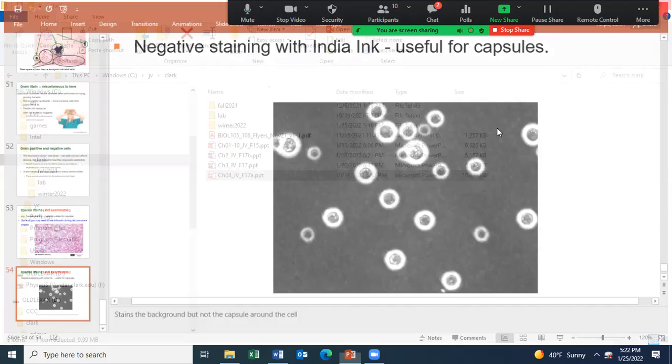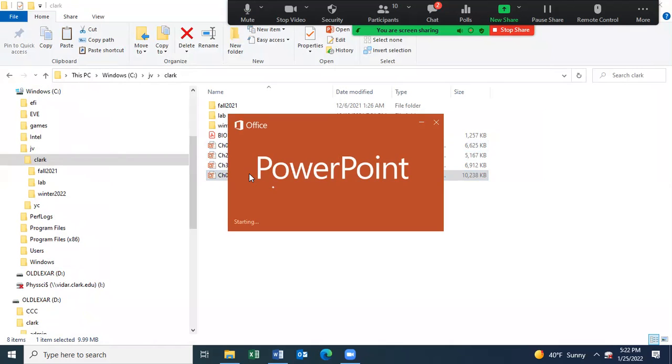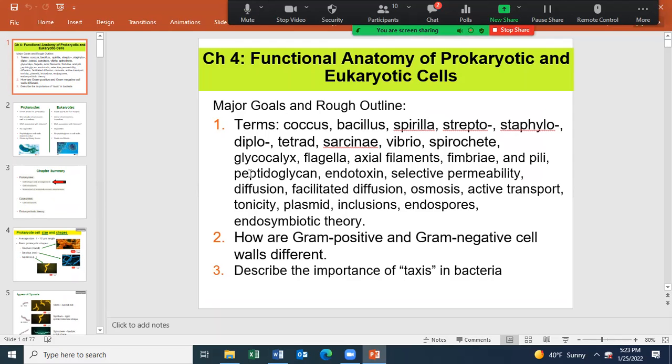All right, let's begin chapter 4. So as always, I give an introductory slide giving you the major goals and the rough outline. You guys know the terms.